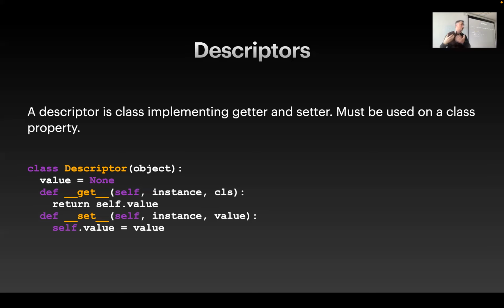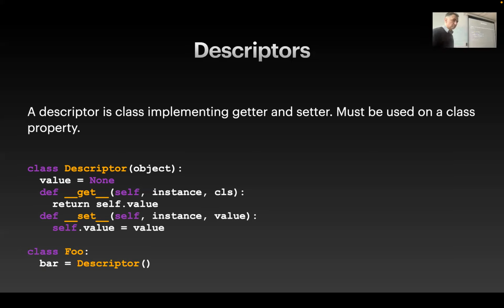For the setter, you don't have that kind of necessity. You can always access the class anyway through instance dot underscore class, right? But it's not so important. And the way you then use this is by putting it into your class definition as a class variable. This is important. We'll see why. It works only if you put it as a class variable.